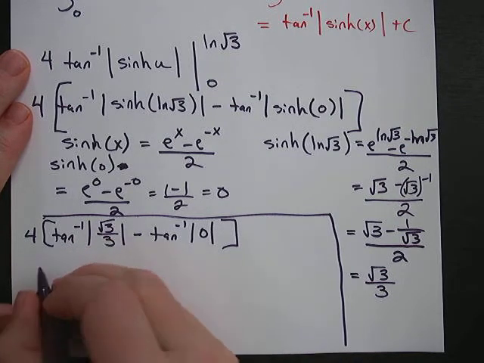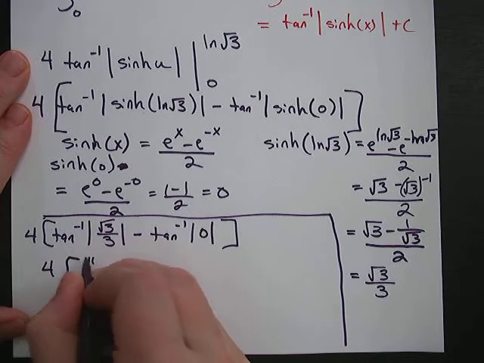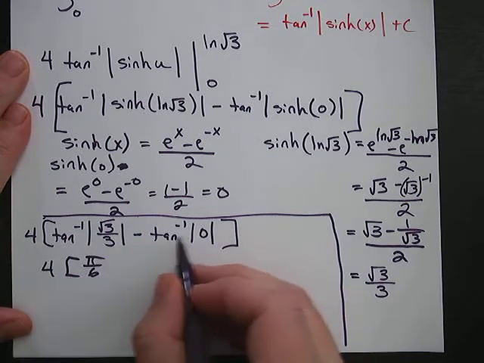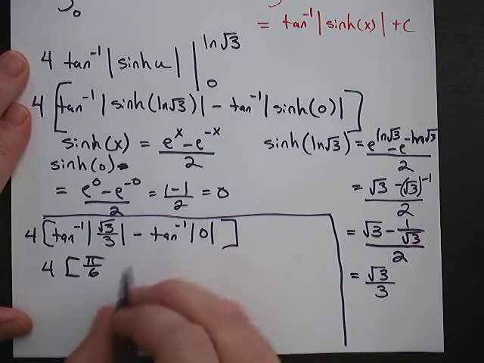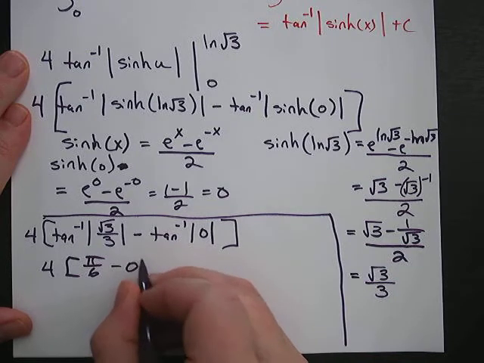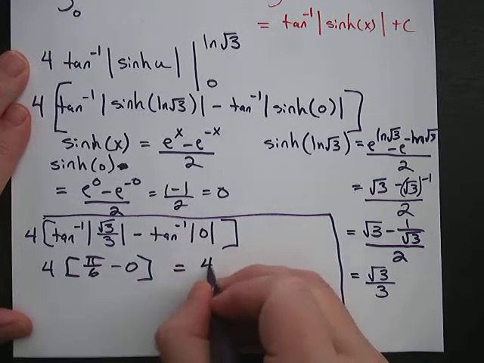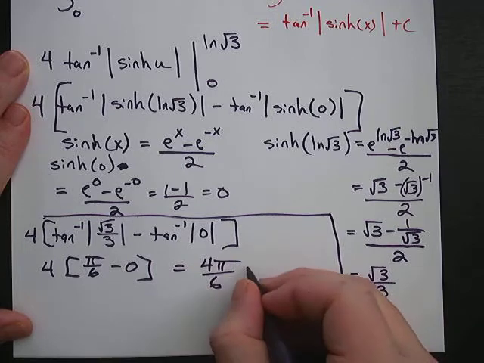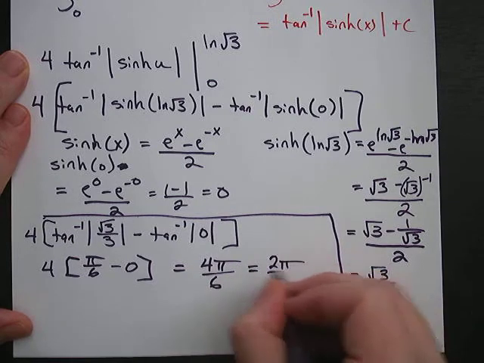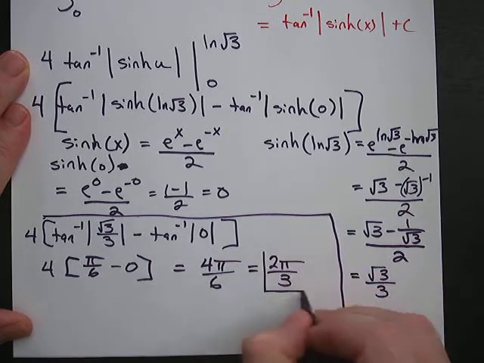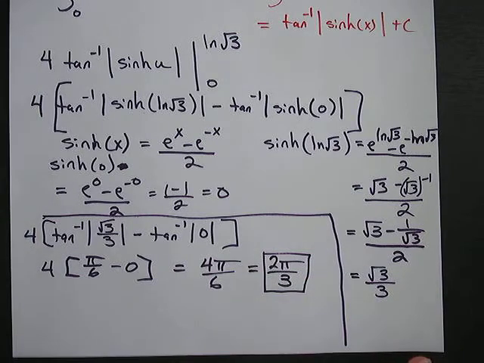That happens at pi over 6. And where is tangent equal to 0? That happens at 0, so minus 0. So you end up getting 4 pi over 6, which reduces to 2 pi over 3. So we got the same answer as we did the other way. I think the first way was a little bit easier than the second way, but both ways will get you there in the end.